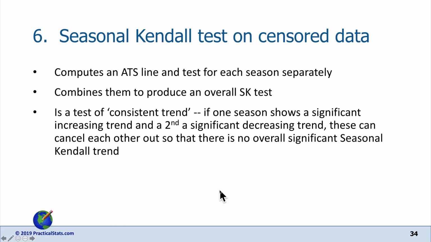Finally, the seasonal Kendall test computes an ATS line and a test for each season separately. So what the seasonal part of the seasonal Kendall test does is it does not make comparisons between data in different seasons.